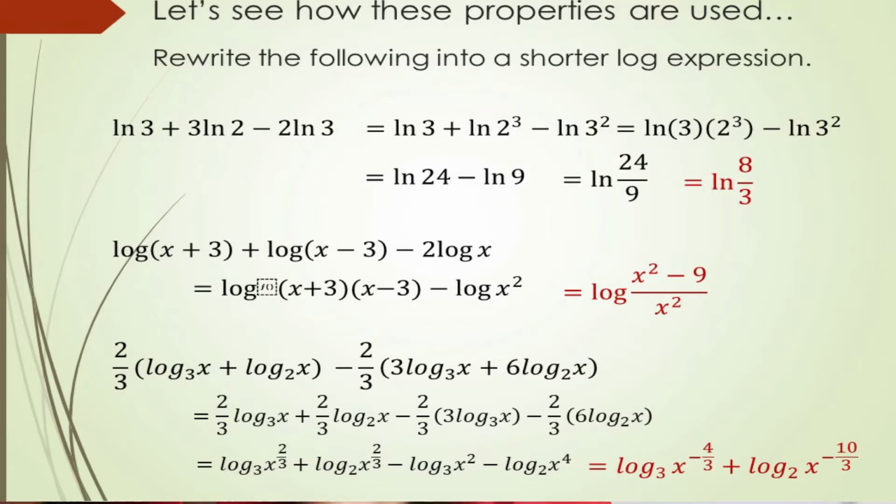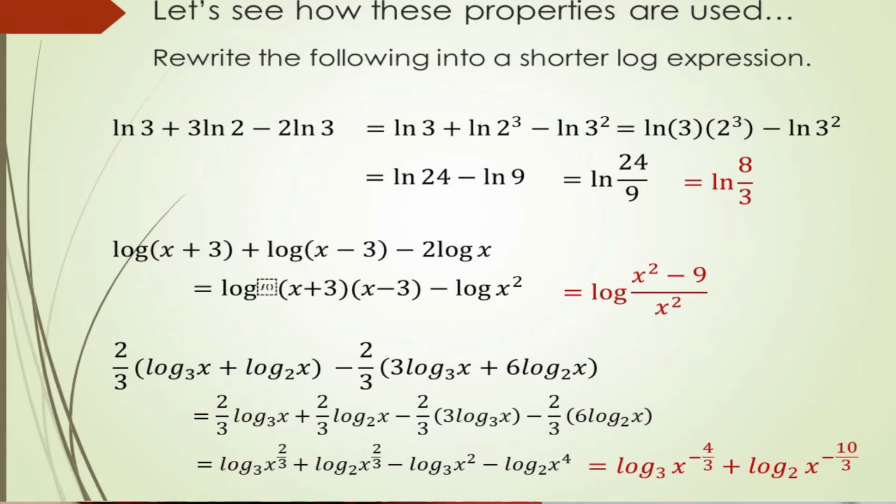So first, the addition. ln of 3 plus 3 ln of 2, what will happen? Which properties do we need to apply? We can apply the properties of logarithm here. So it will become ln of 3 plus ln of 2 raised to 3.